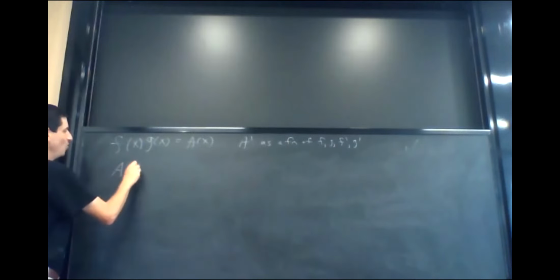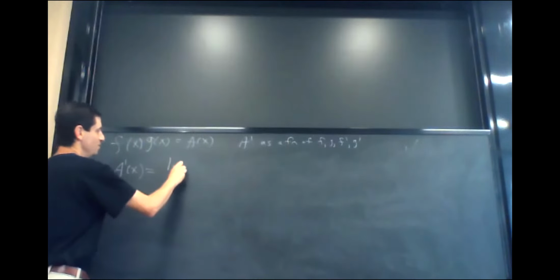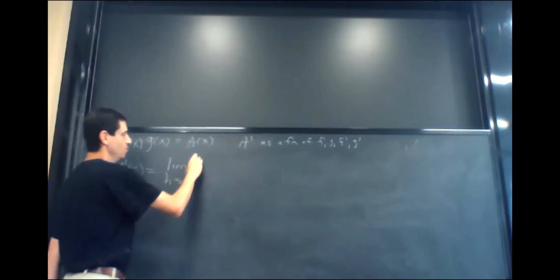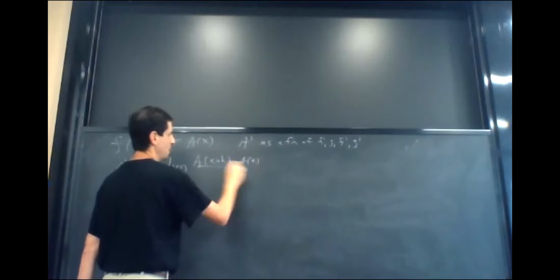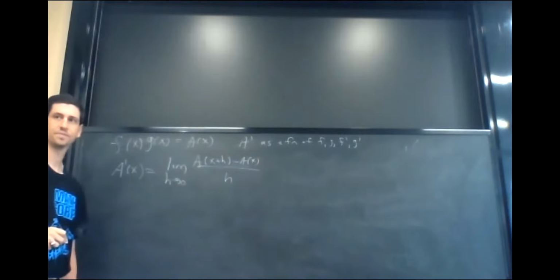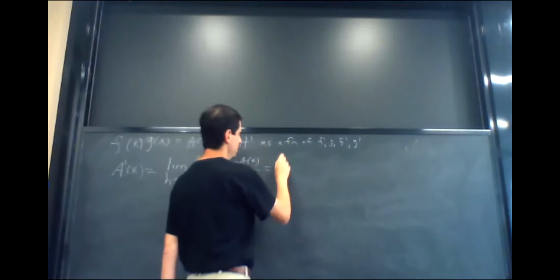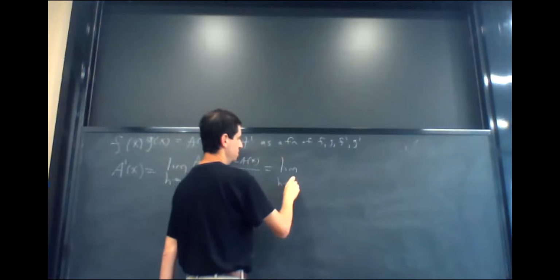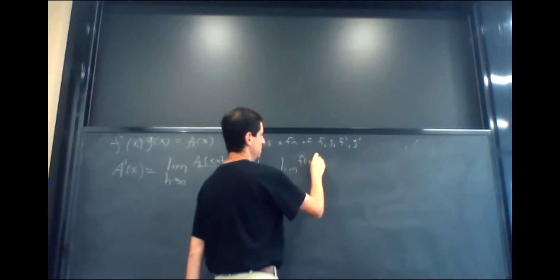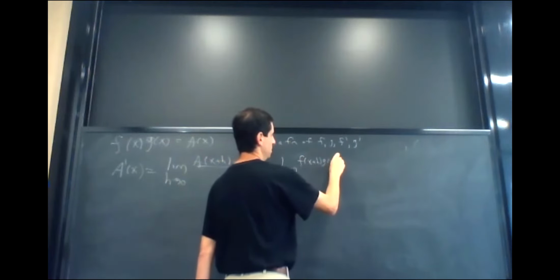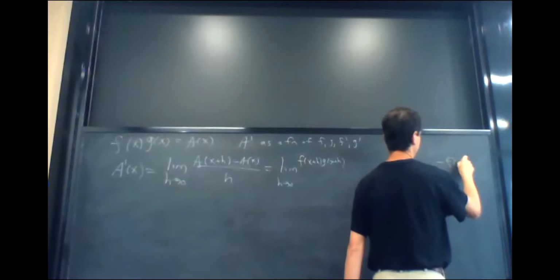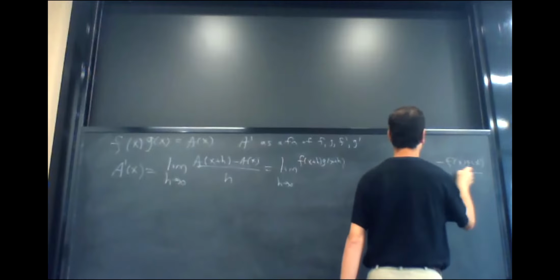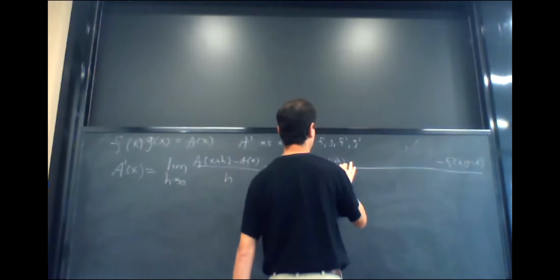Okay, so you always start off with the definition of the derivative. The limit as h goes to 0 of a of x plus h minus a of x over h. So this is going to be the limit as h goes to 0, f of x plus h, g of x plus h, minus f of x, g of x over h.